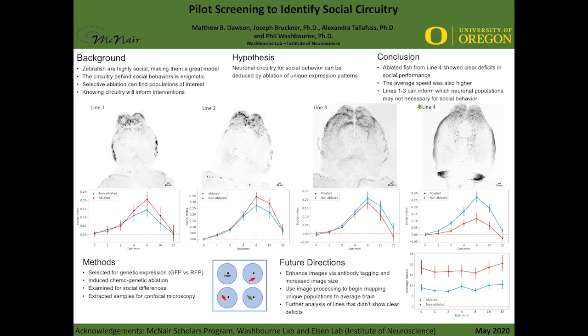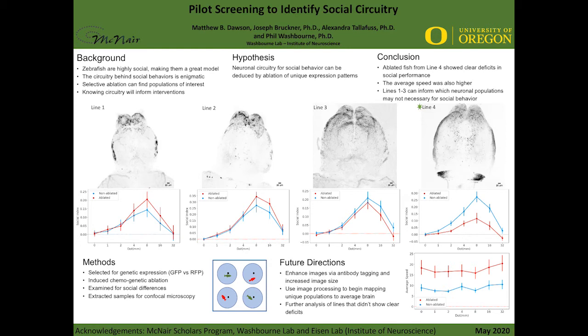And lastly, after the fish go through the virtual social assay, we extract samples for confocal microscopy, which is what you see pictured here. So these are 4 different lines that were tested, and I have forebrain images from all those lines, and the forebrain is where this expression pattern is localized.